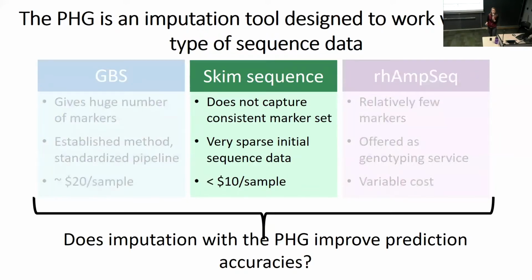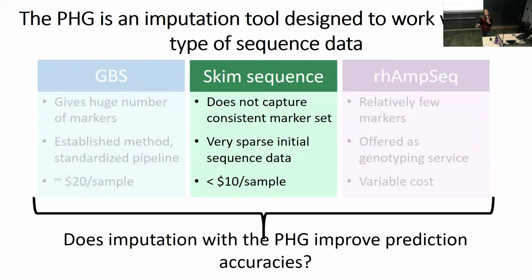So I'll start by talking about Skim Sequence. When I talk about Skim Sequence, I'm talking about a protocol that was designed by Nextera. Essentially they take a Tn5 transposase that jumps into the genome at different positions randomly across the entire genome, and then we sequence out from those positions. That gives us a very sparse initial data set, and it's also completely random.